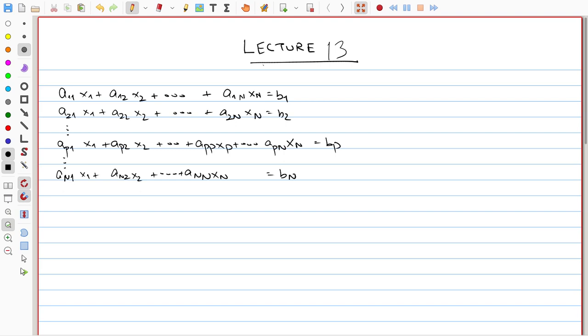Right. So, if I had to write this as a linear system, we will have a matrix which will have n rows and n columns.